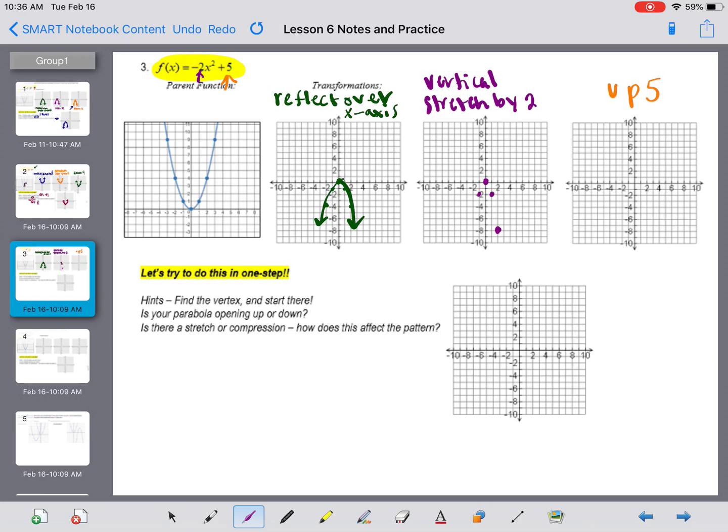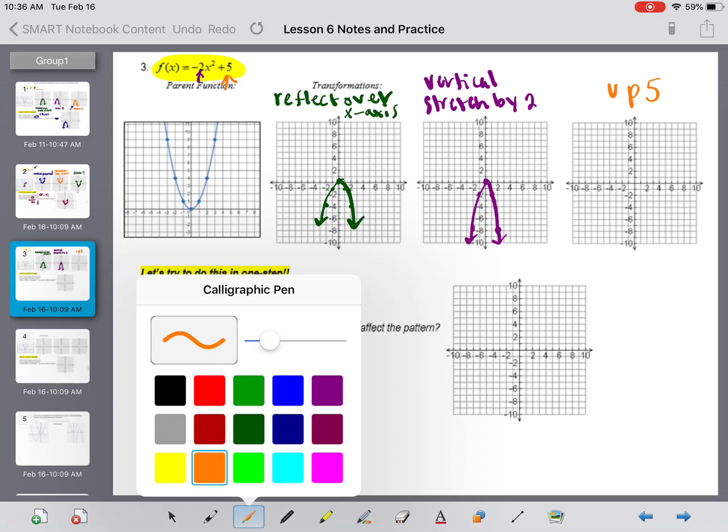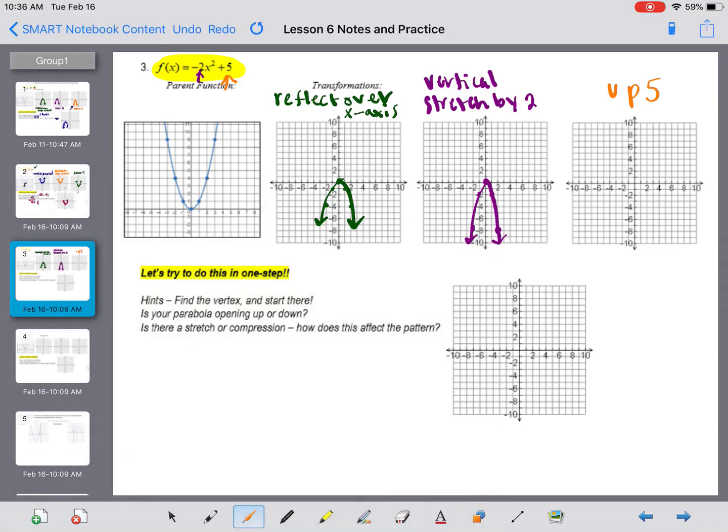Down 2 over 1, down 6 over 1, because we're multiplying the distance by 2. 1 times 2 is 2, 2 times 3 is 6. Then we're going to take that purple graph and move it up 5, so everything just goes up 5 units. And when that happens, it will look like this. So your final graph should look like that.